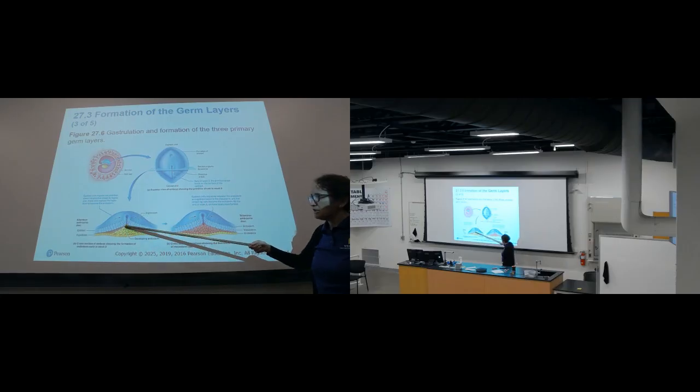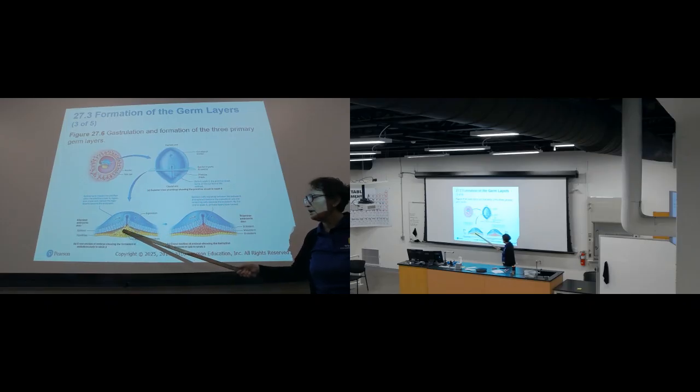And then as this primitive streak moves towards both ends of the embryo, from the caudal end into the cephalic, you will see the ingression. So basically part of the cells from the edges of this primitive streak will migrate off the epiblast, and then they will form the mesoderm.